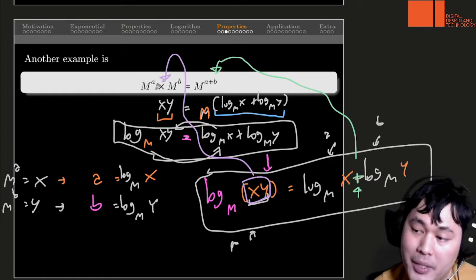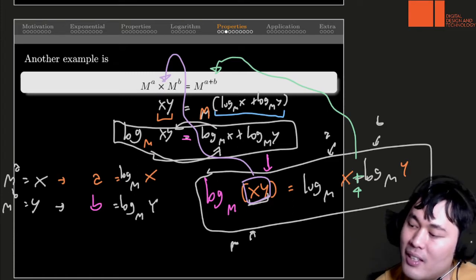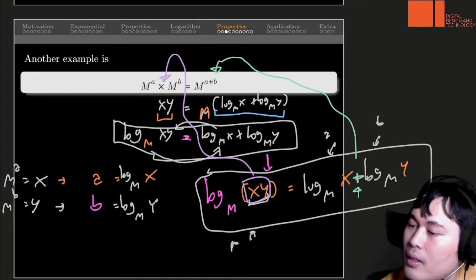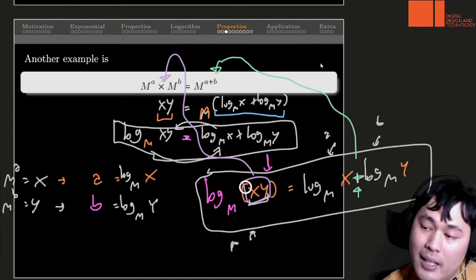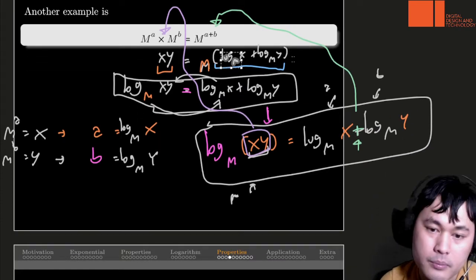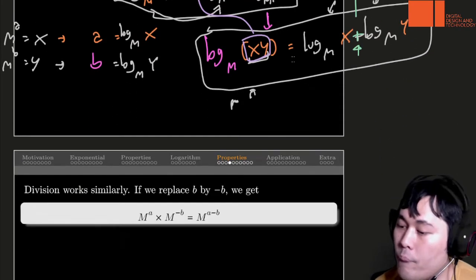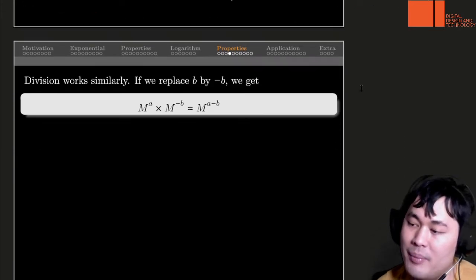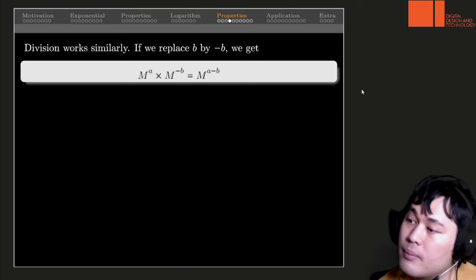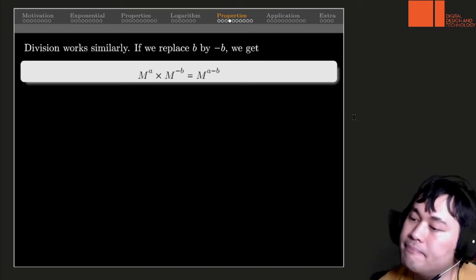So it's a product from this left hand side and the addition from the right hand side. And so you can draw some analogy for these two properties. Okay, next one. Yeah, division works similarly. If you replace b by minus b, we get this property, right?